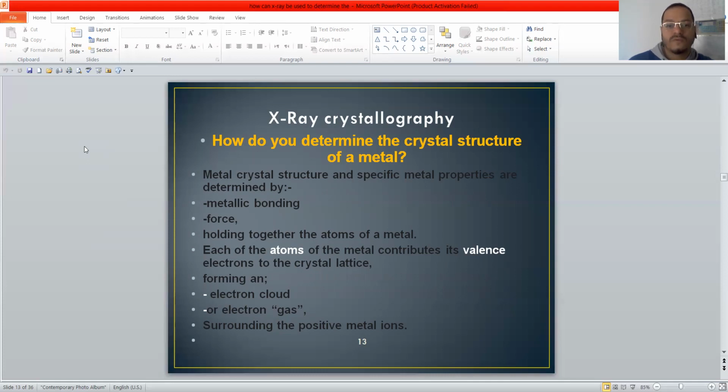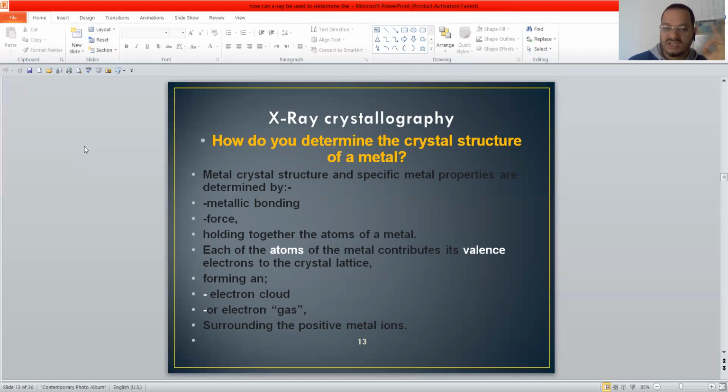For metals, we focus on two things: the specific metal properties are determined by the metallic bonding and the force holding together the atoms of metal. Each of the atoms of the metal contributes its valence electrons.